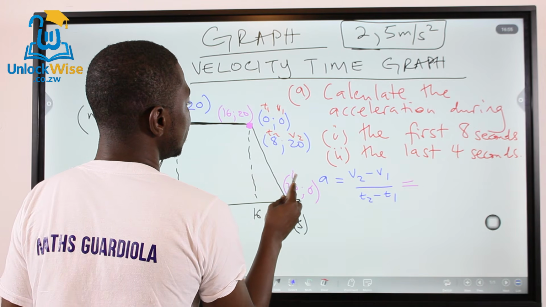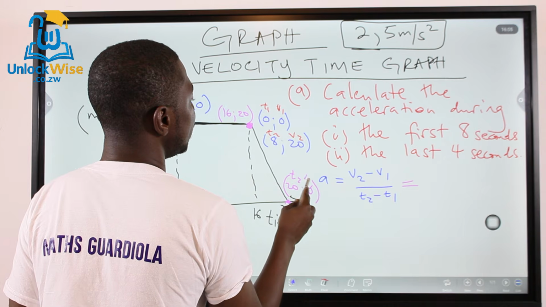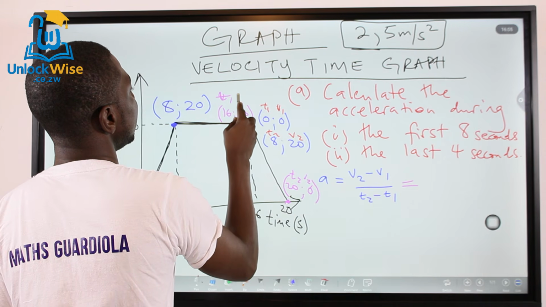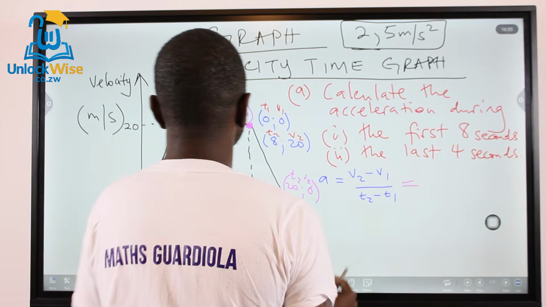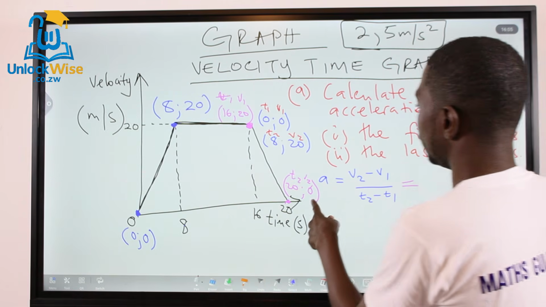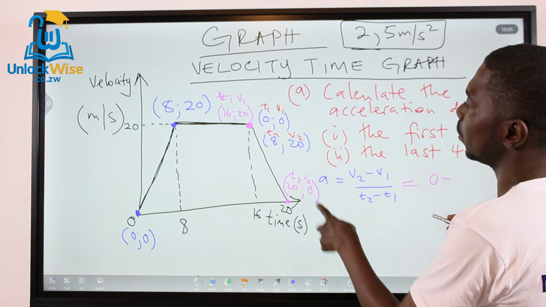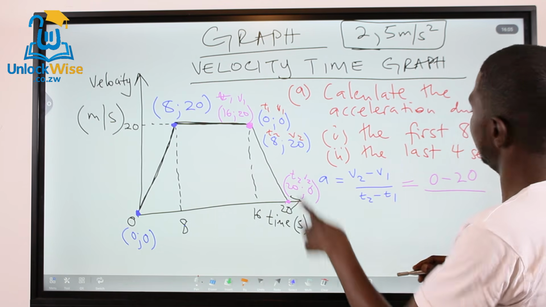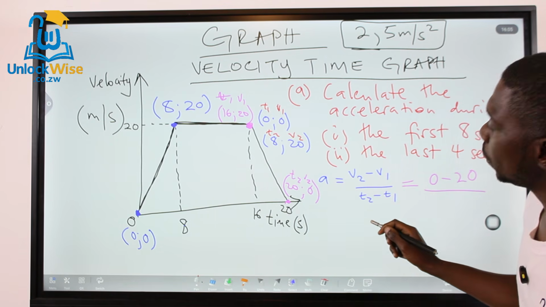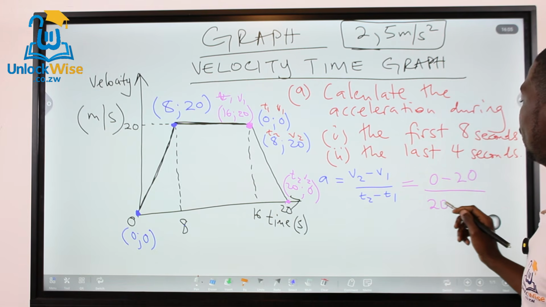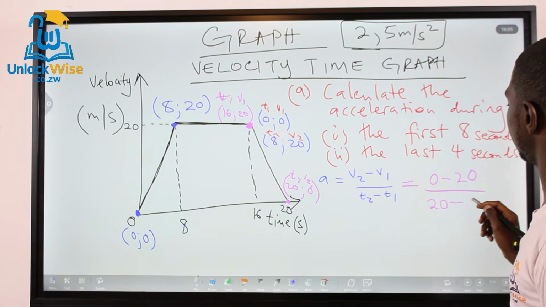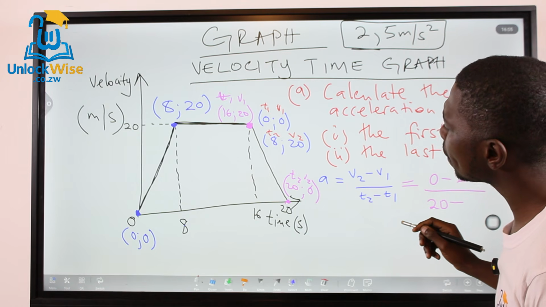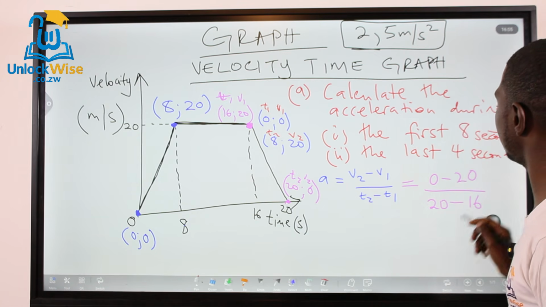So I will call this T2, V2 and call this T1 and V1. Okay, so what is my V2? My V2 is 0 minus my V1, which is 20, over my T2, which is also 20, minus my T1, which is 16. Okay.